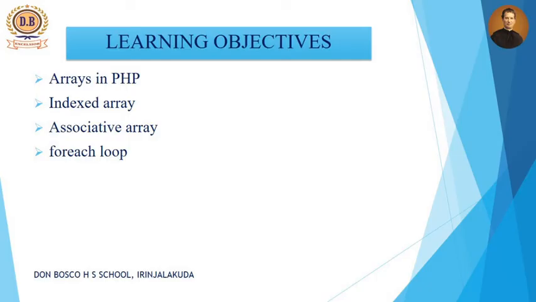In this video we are going to discuss a new term in PHP, that means arrays in PHP. There are three types of arrays: the first is the indexed array, the second is the associative array, and the third is the multi-dimensional array.